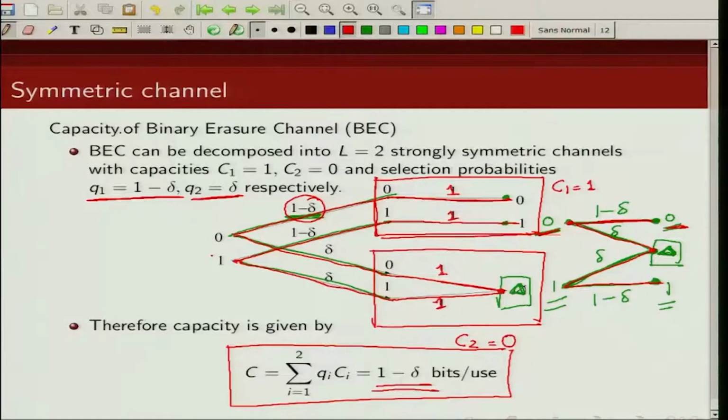Since from the inputs we reach these channels with the same dispersion, we can find the selection probability of these channels, and subsequently use the expression for the capacity of a symmetric channel in terms of the capacities of strongly symmetric channels and their selection probabilities to get the capacity of the binary erasure channel, which is 1 minus delta. So, if delta is 1, capacity is 0. If delta is 0, capacity will be 1.